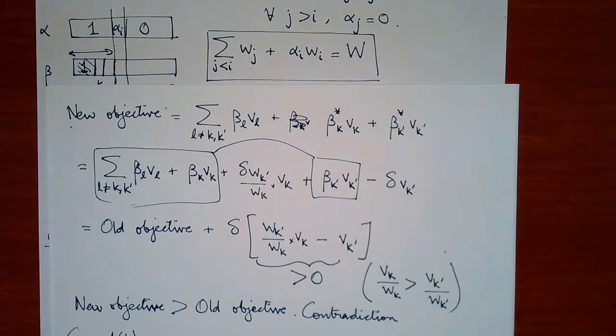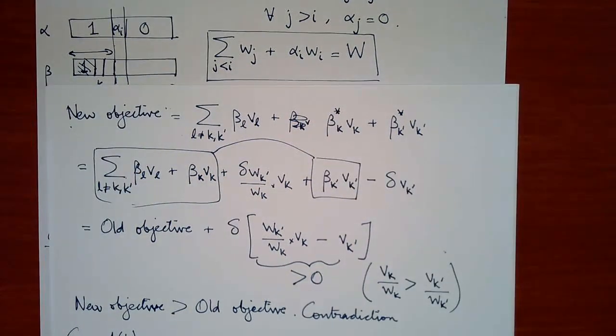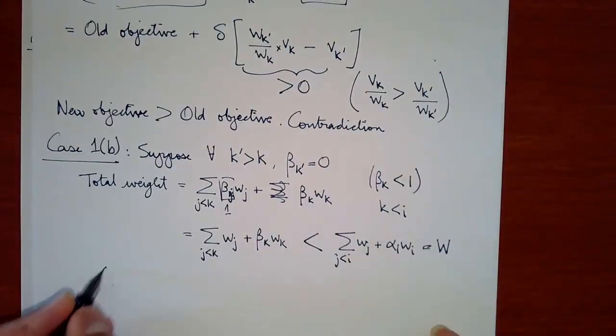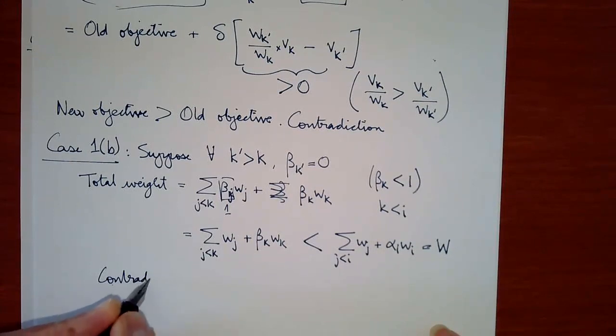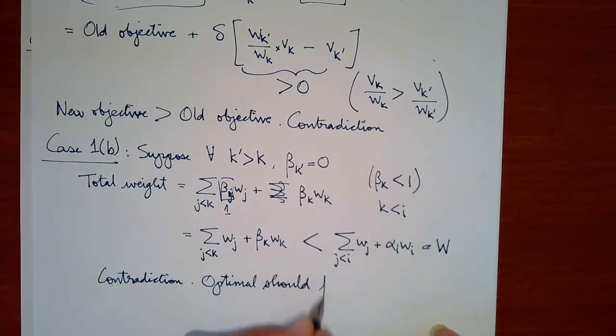And you know that k is less than I. This weight is going to be strictly less than the summation over j less than I of wj plus alpha I wi, which is equal to w. And this is a contradiction, because the optimal should fill the knapsack.